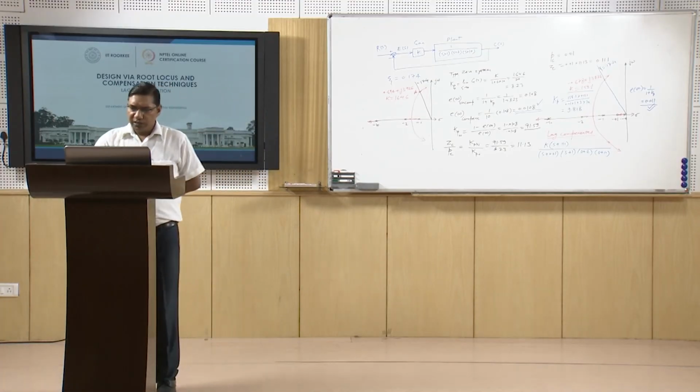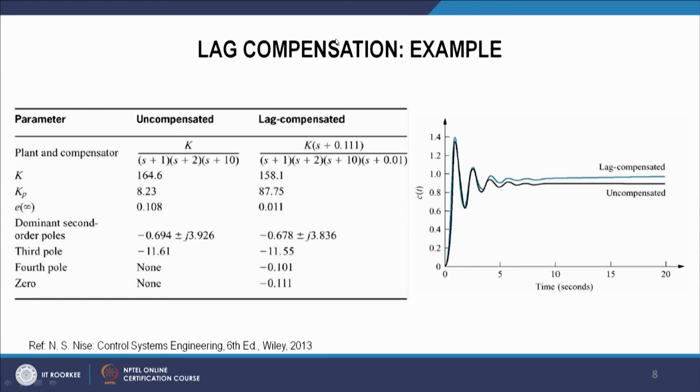We can see this in this table. We have the uncompensated system and this compensated system. K here was 164.6 when this point was on the damping equal to 0.174 line. Here it is 158.1.